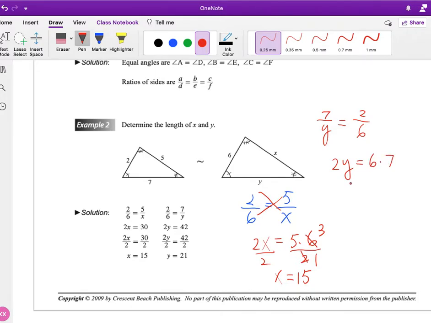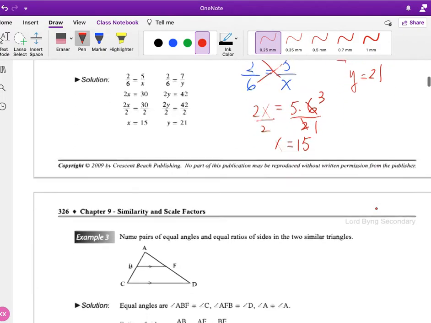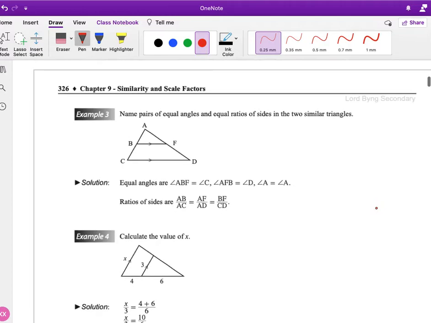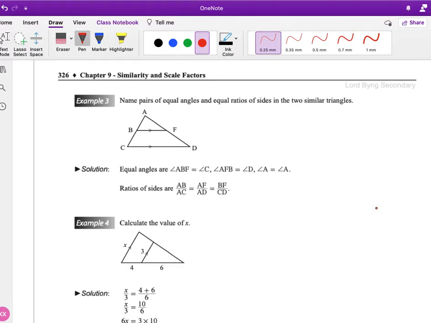I do not multiply them because I know I can cancel them. So y equals, cancels by 6, y equals 21. This is very straightforward, very simple. Some of the other ones could be a little more complicated.